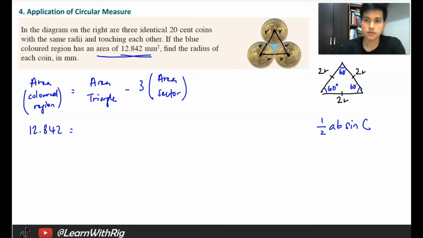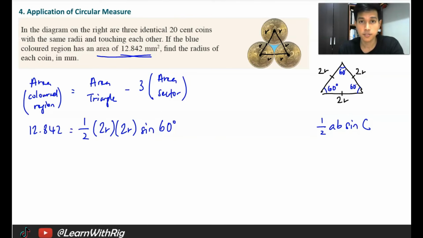So 1/2 ab is 2r times 2r sine C, so it's 60 degrees. Make sure you use 60 degrees because this one is sine cos tangent. Remember I said sine cos tangent you have to use in degrees.